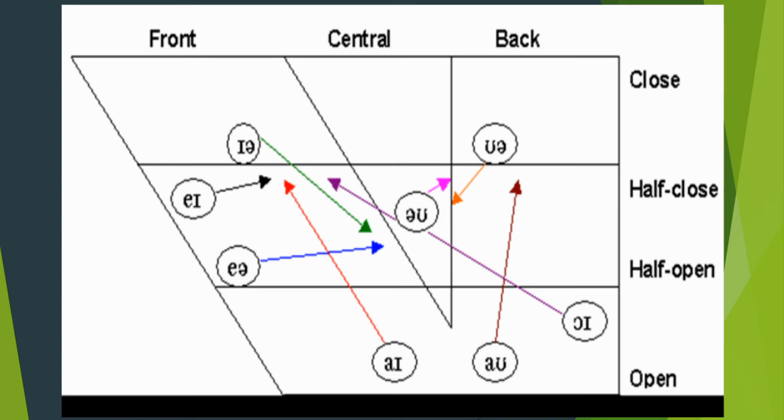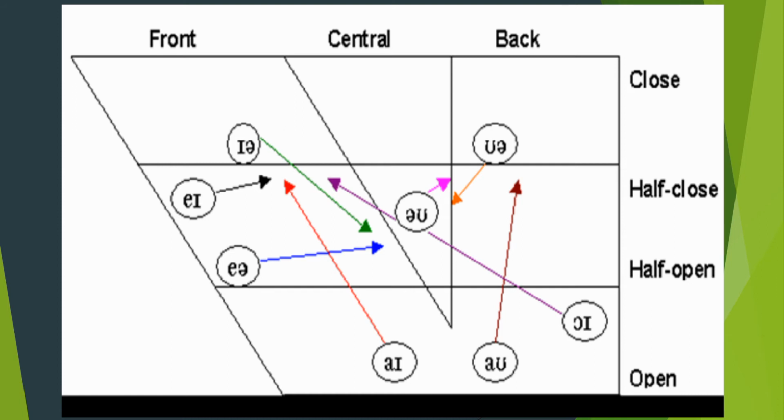A is gliding towards E. Note down, gliding towards E, first diphthong A, this black arrow, and second gliding towards E from A, keep your tongue flat, open your mouth, lips are loosely arranged, that is I, the red arrow.